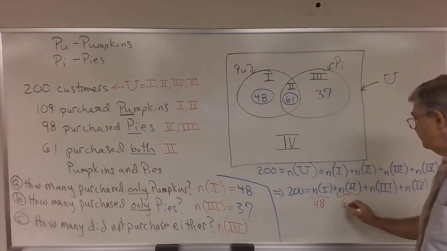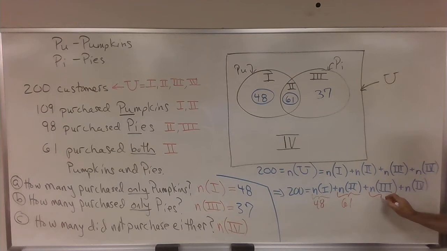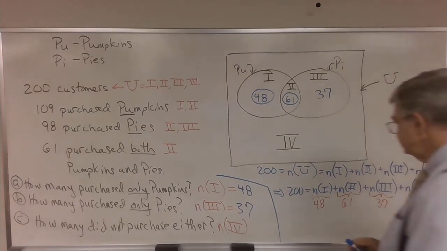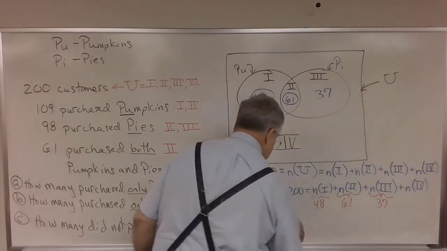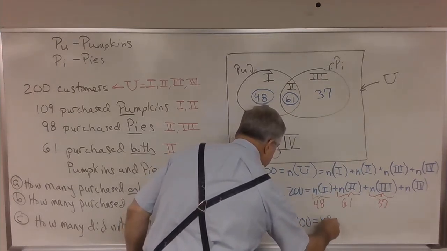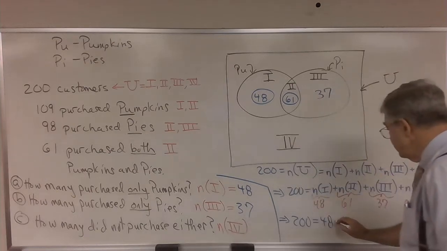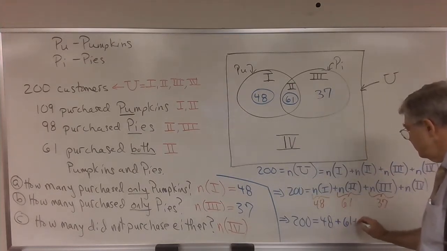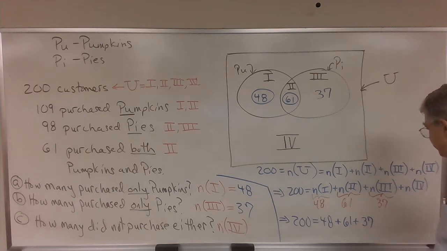Region 2 is 61. Region 3 is 37. Okay. So let's substitute those in. So we have 200 equals 48 plus 61 plus 37 plus the number of people in region 4.